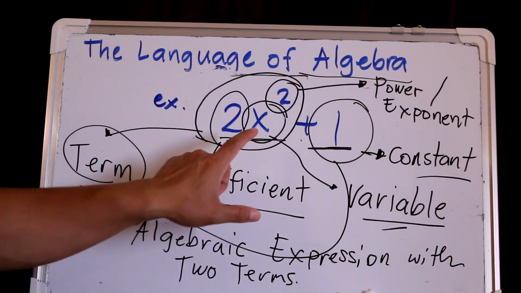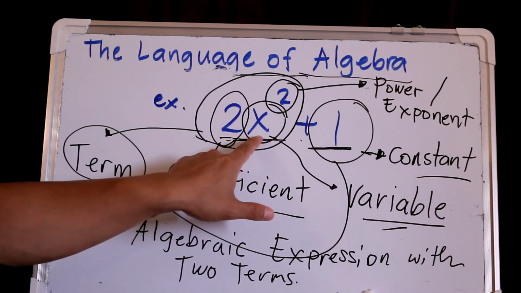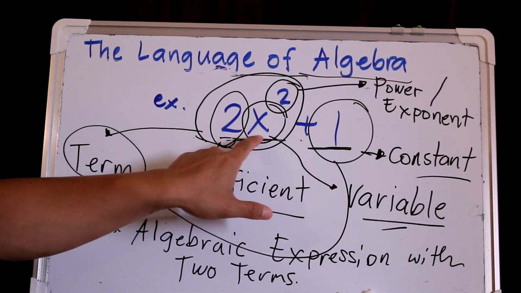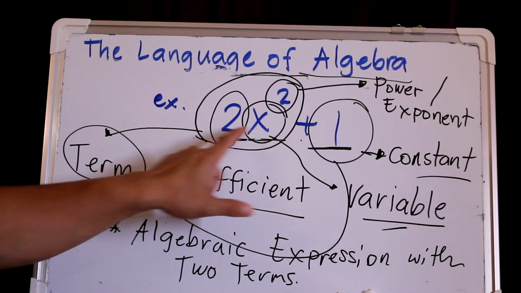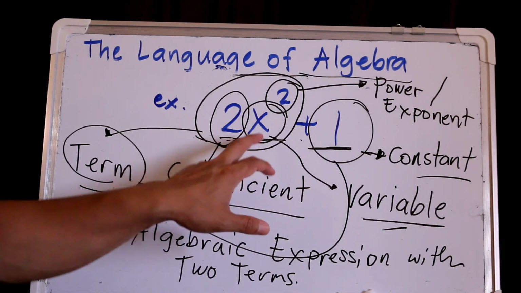This can be translated as a square of a number multiplied by 2 and added by 1.